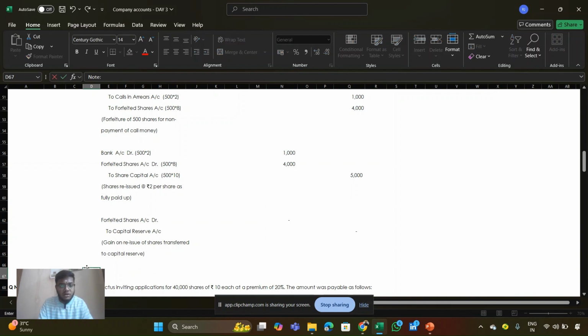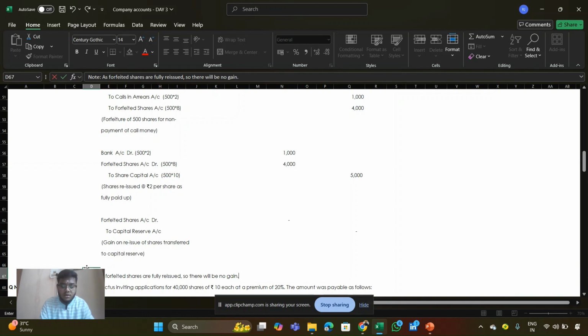You can write a note: there is no partial reissue of forfeited shares, fully reissued, so there will be no gain.